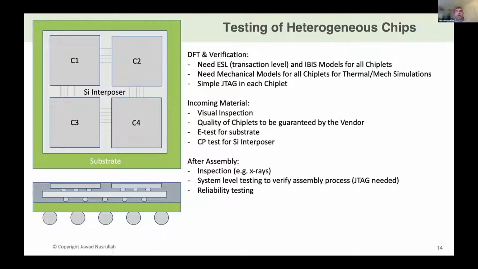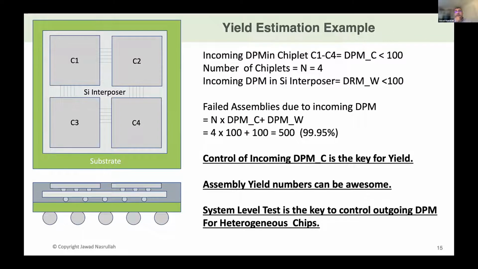But the newer ones are great. And then we start thinking about, okay, what might happen when these materials are moving, and then we have some issues related to, say, missing solder balls, right, or something of that nature. So visual inspection becomes important. And after assembly, we do at least go through some inspection and then focus on system level reliability.